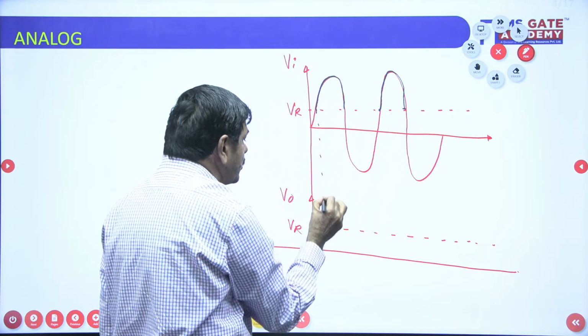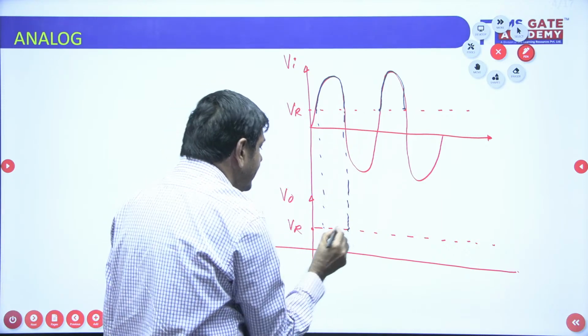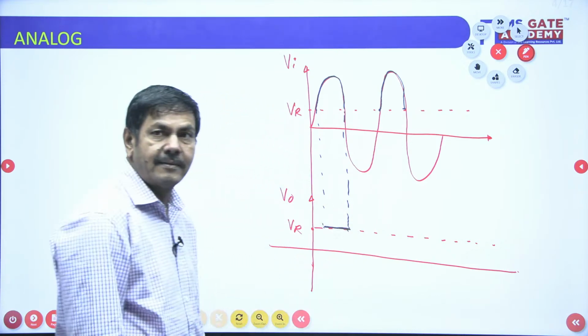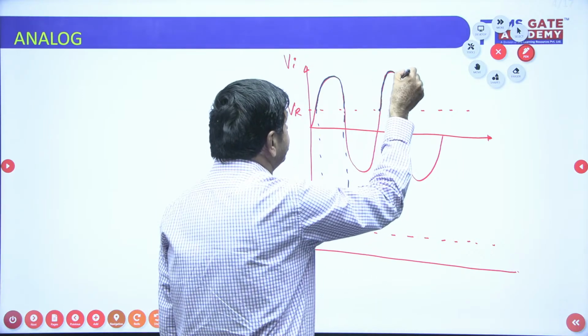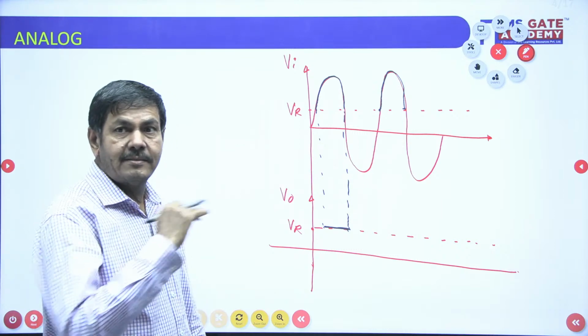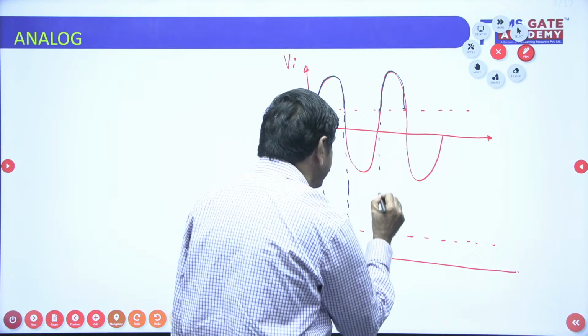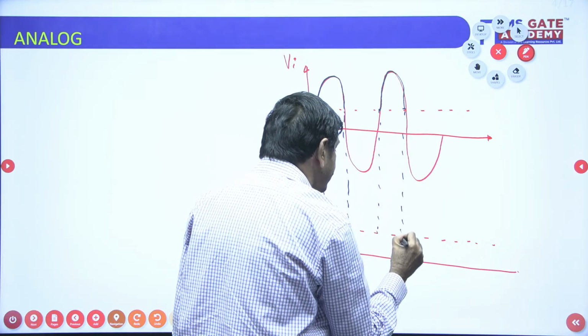In between these two points, where Vi is greater than Vr, I will get only Vr. Even if the input voltage is increasing after Vr, the output voltage is going to remain constant. This is Vr.